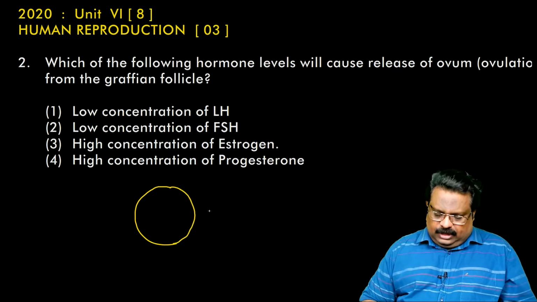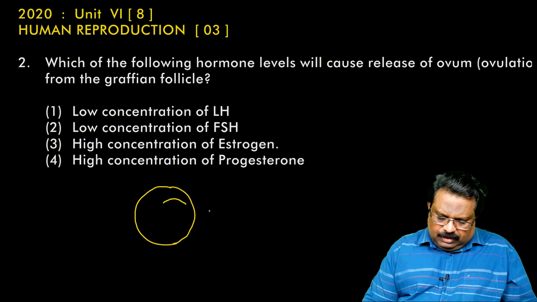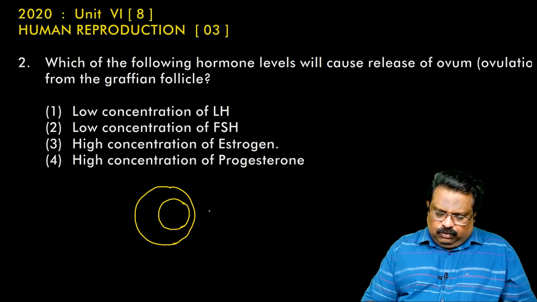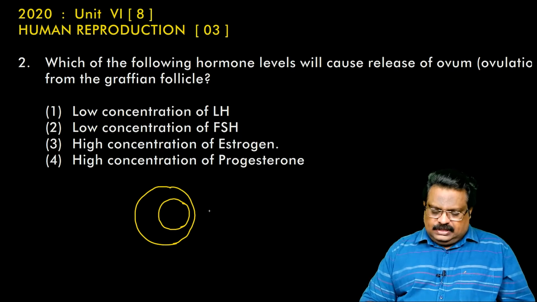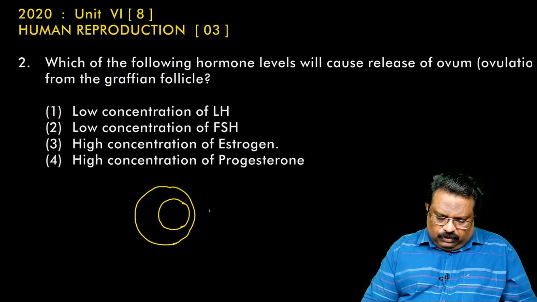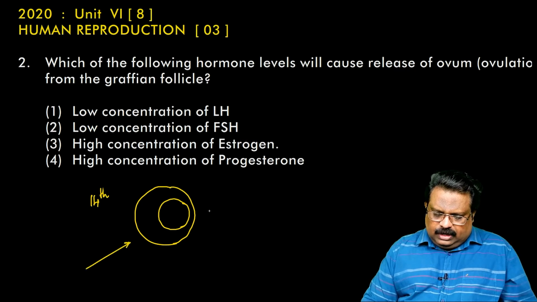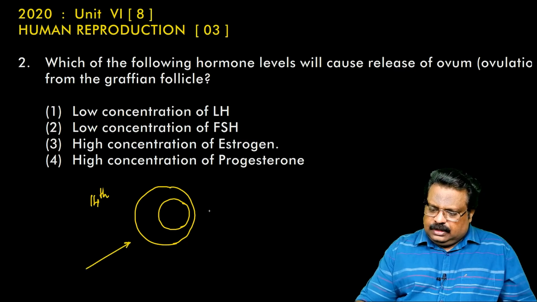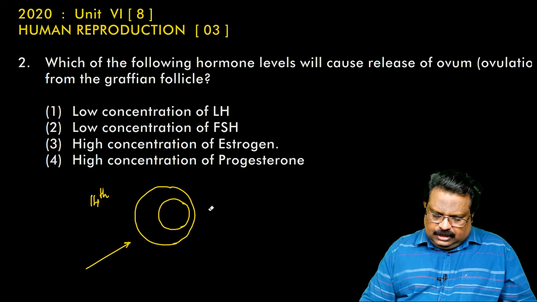Inside the Graafian follicle you can see the fully developed ovum, and a fluid-filled space called the antrum is also there. So on the 14th day of the menstrual cycle, the Graafian follicle bursts and releases the ovum.